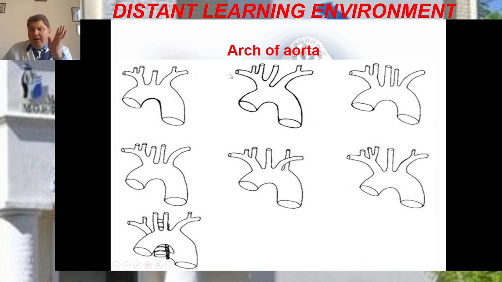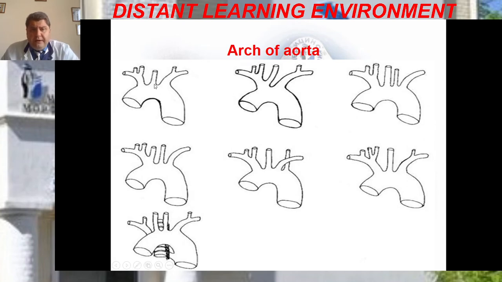But now you know that computer tomographic investigation and also magnetic resonance investigation may show the individual features of origins of these arteries from aortic arch.